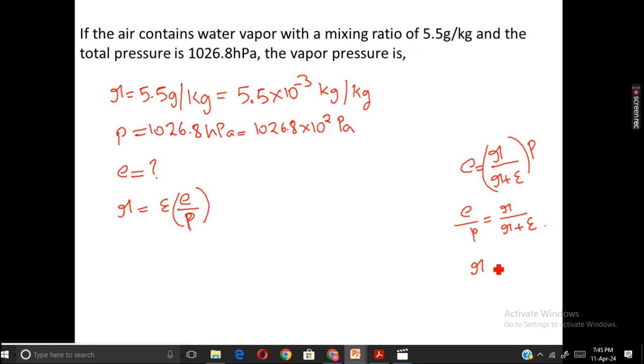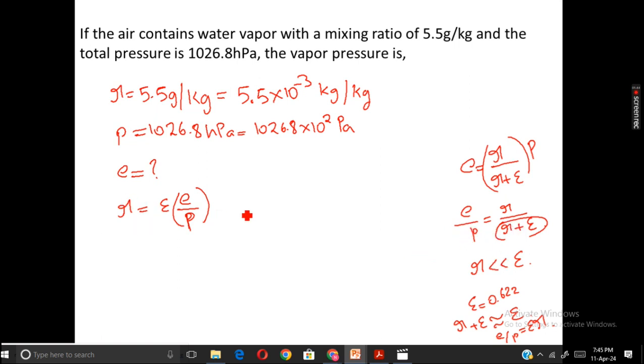Basically the value of R is very small compared to epsilon. R is 5.5 into 10 raised to minus 3, and epsilon is 0.622, so it is very much less. So R plus epsilon in the denominator is approximately epsilon. Then we can write E by P is equal to R by epsilon. That's how R is equal to epsilon into E by P.